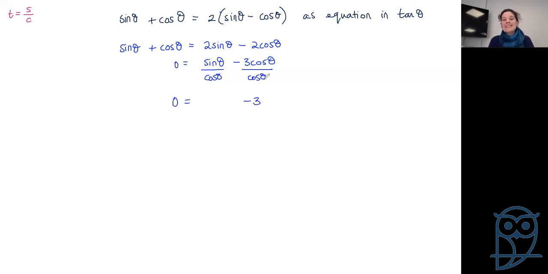Sine theta over cos theta is tan theta. It's a very different story to if you have one of those quadratics and you divide by x and you lose the solution. Here, our cos theta is staying within. So the equation in tan theta is tan theta equals 3. So similar sort of approach, we're using our identities, but it's not the same as proving left equals right.